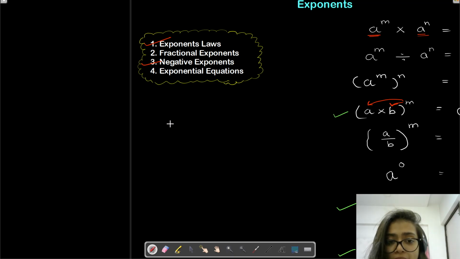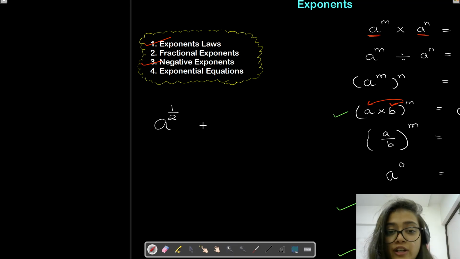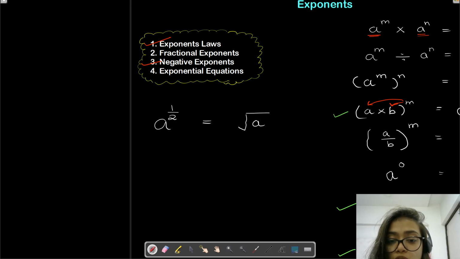For example, if you have a raised to 1 over 2, 1 over 2 is a fractional exponent. This is a very basic radical. So you get the square root of a. Then if you have a raised to 1 over 3, this is nothing but the cube root of a, and so on and so forth.